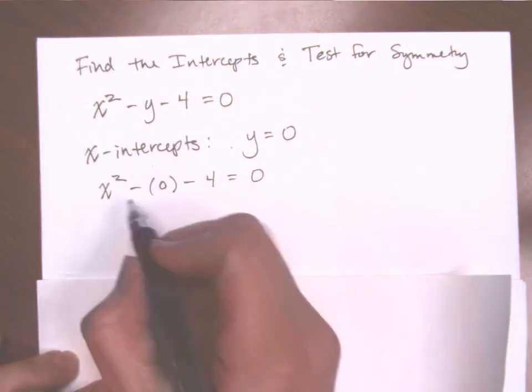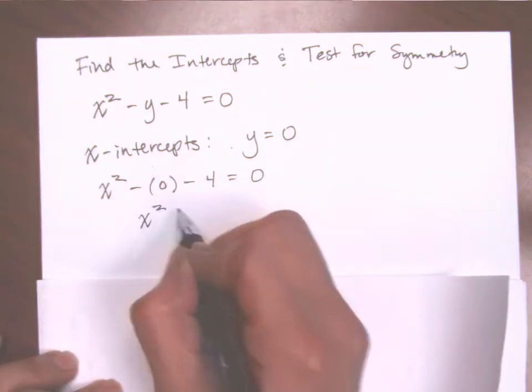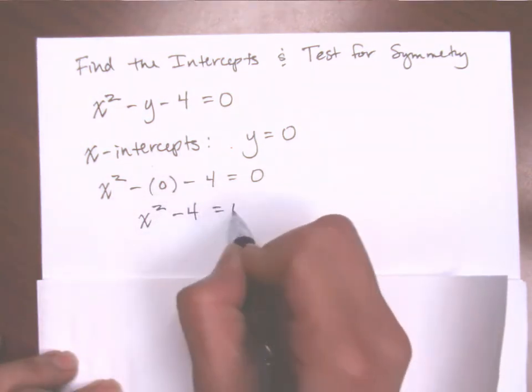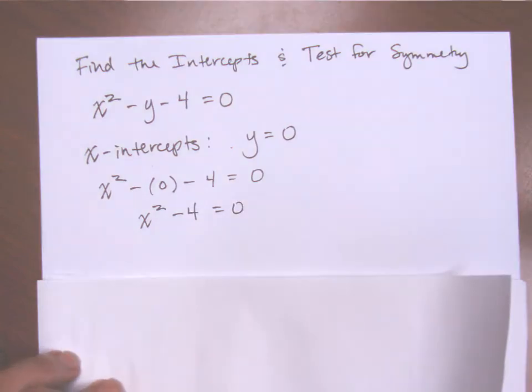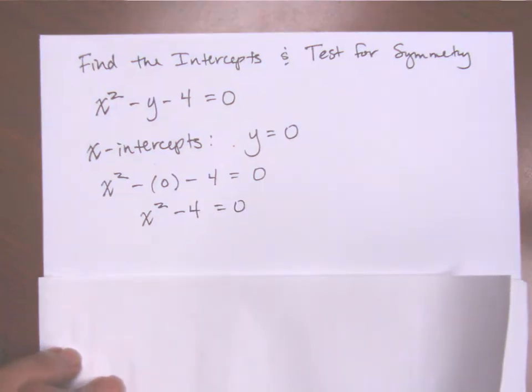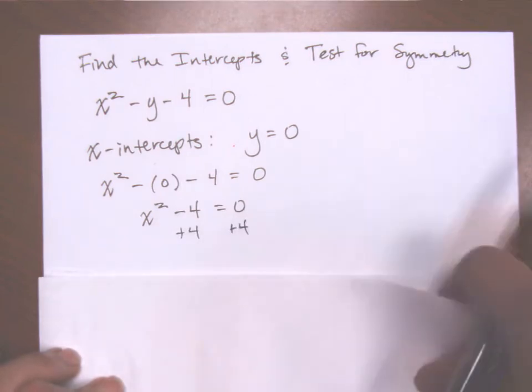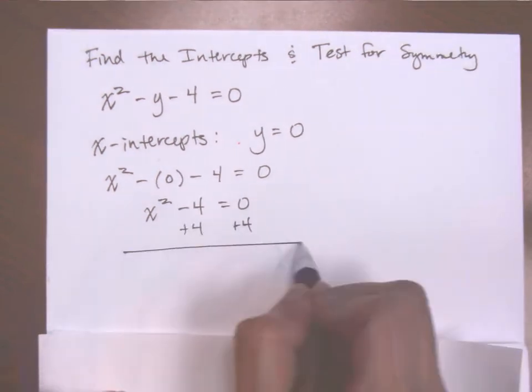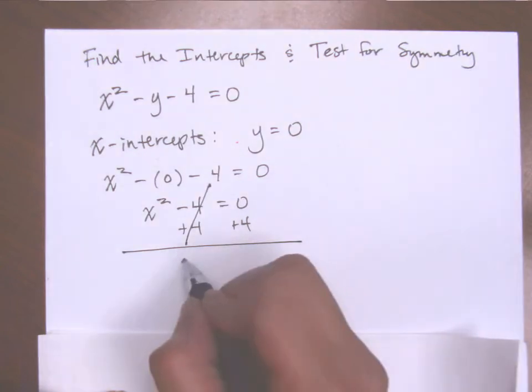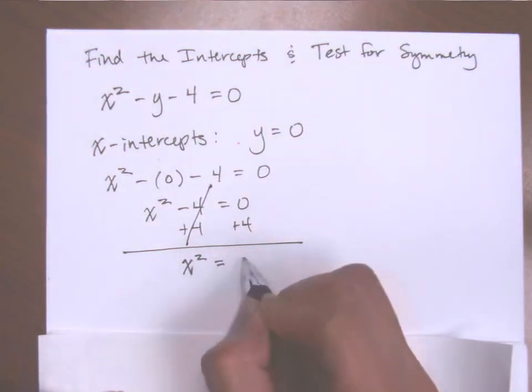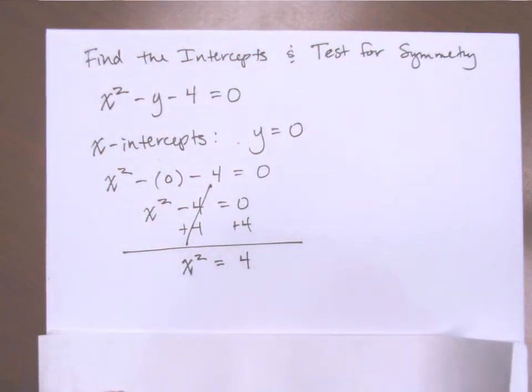I can simplify this down, so it is x squared minus 4 equals 0. Now to solve for x, I'm going to add 4 to both sides. This adds up to 0, so I'm looking at x squared equals 4.